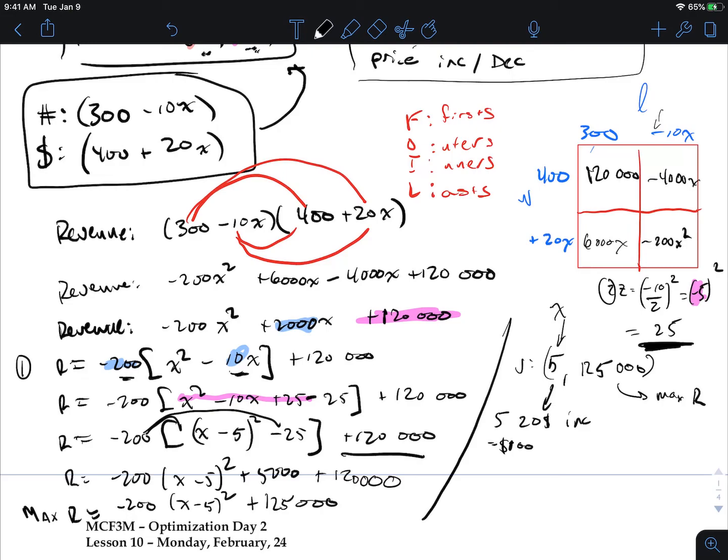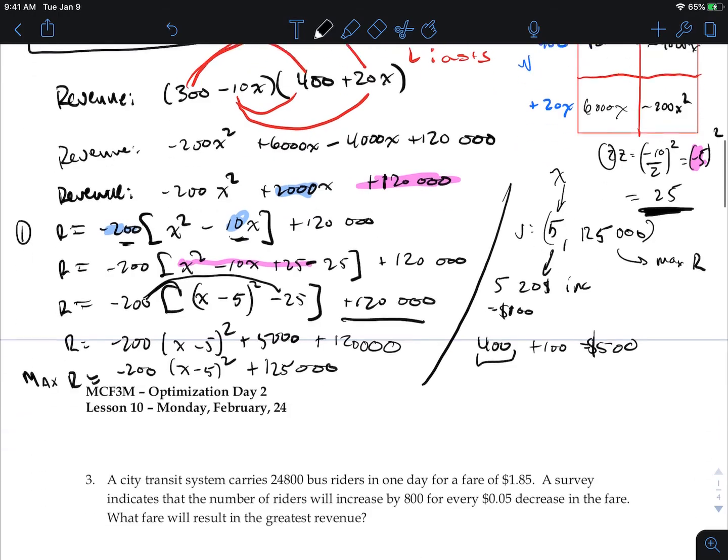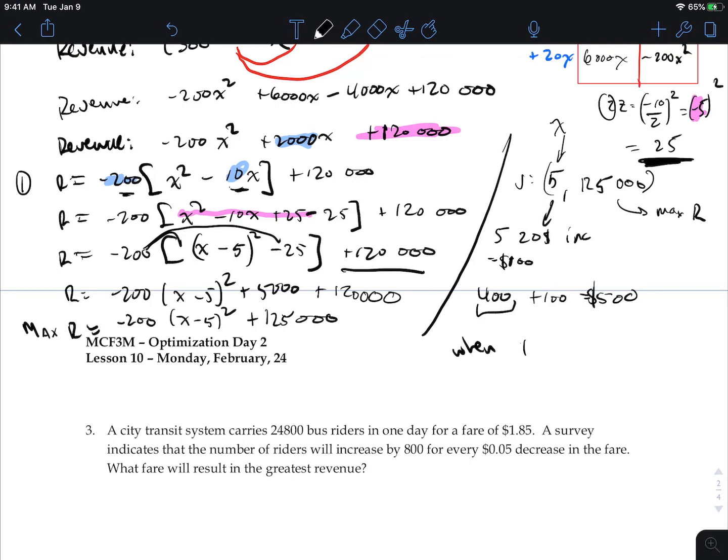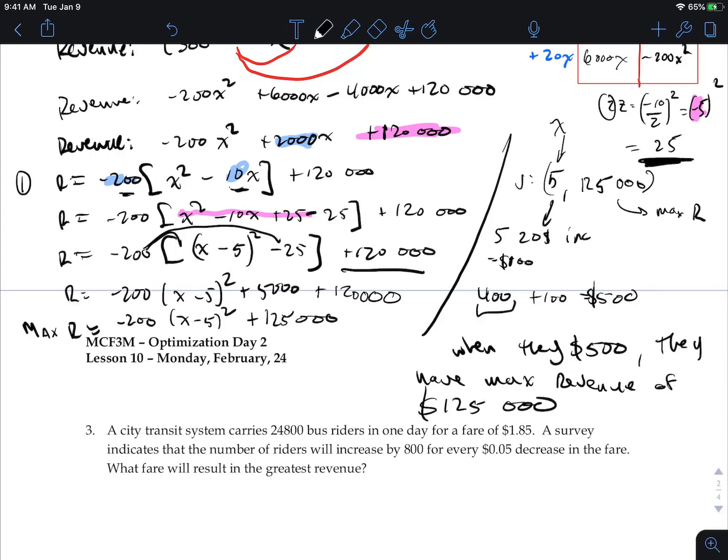It was $400, so the original 400 plus another $100 takes us to $500 to be in this car club. That's what maximizes their revenue. So when they charge $500, they have a maximum revenue, and that's it.